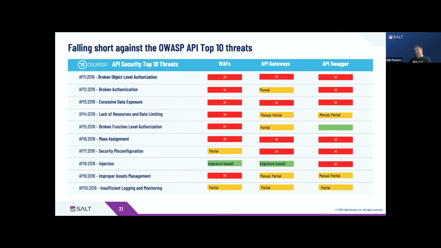So the OWASP API top 10 threats, if we map them out to the classic solutions like a WAF, an API gateway and the API swagger, we can simply see that they fall short. If we look at that example of the broken object level authorization, what we looked at in the slides, this is happening due to manipulation of certain parameters, changing a user ID into another user ID and seeing if you get the data back from that other user ID.